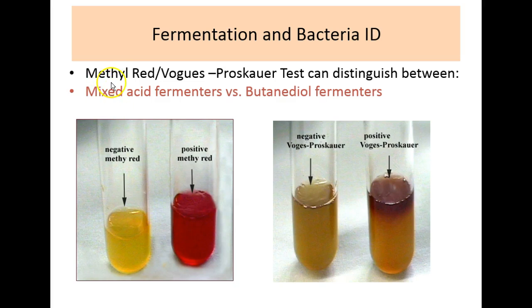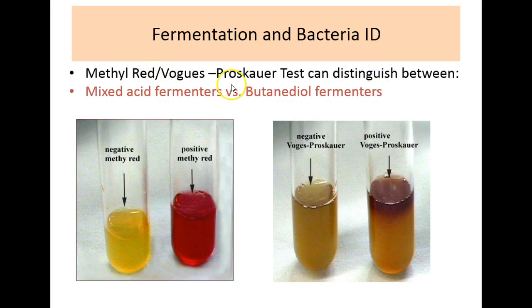For example, the methyl red Voges-Proskauer test, or MRVP test, can distinguish between the mixed acid fermenters like E. coli versus the butanediol fermenters like Enterobacter.